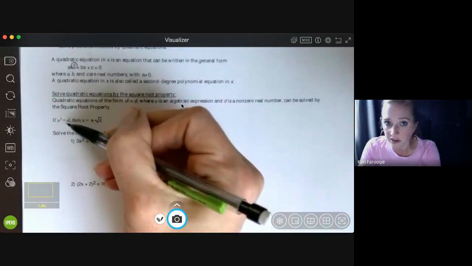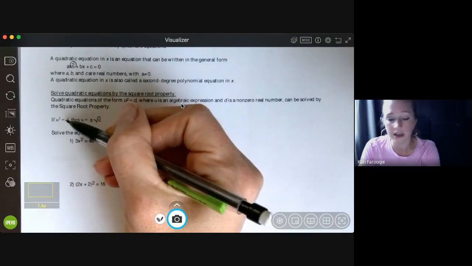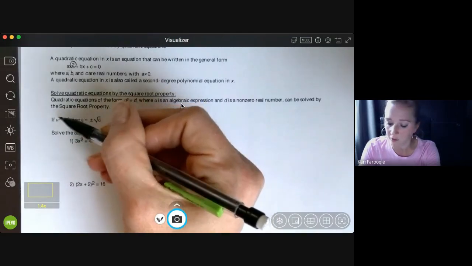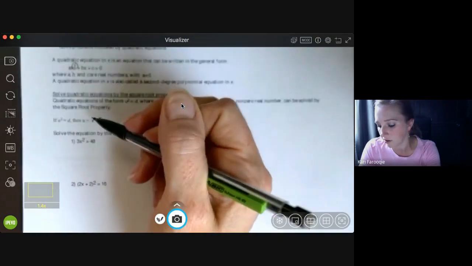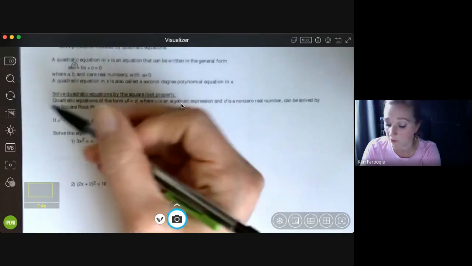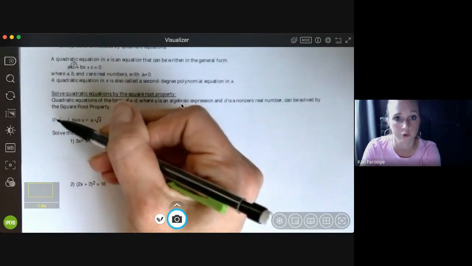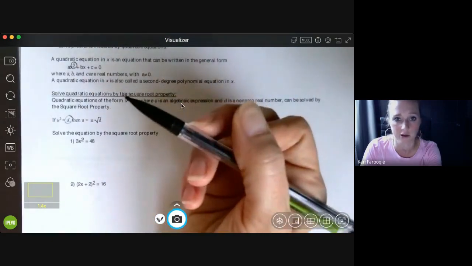Remember that if u is some value and you square it, if u is negative, you still get a positive value to pop out.